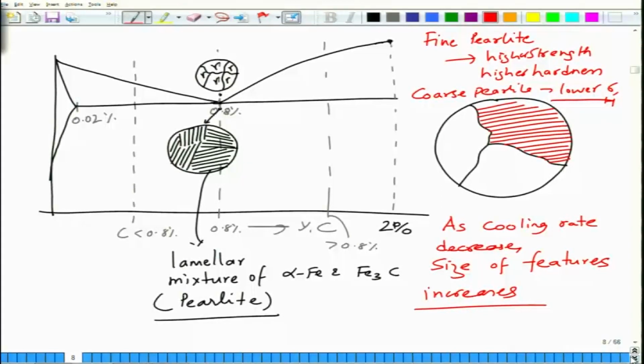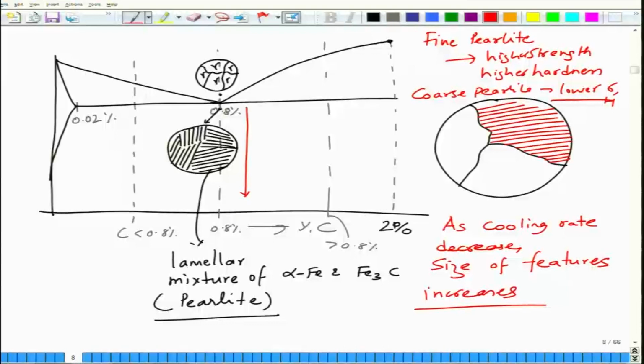Now, this is the phase diagram, this is the phase evolution or microstructure evolution for 0.8% carbon steel, and the transformation is complete at this point. As you cool from 727 to lower temperatures, nothing much happens in terms of phase evolution.